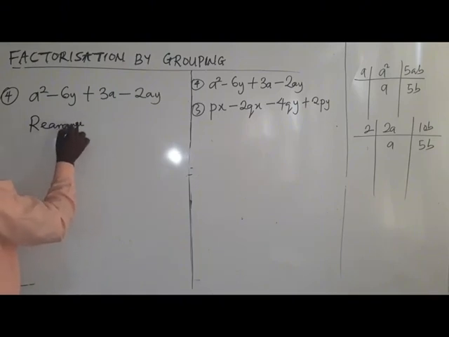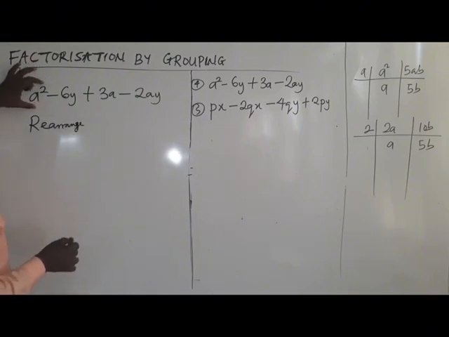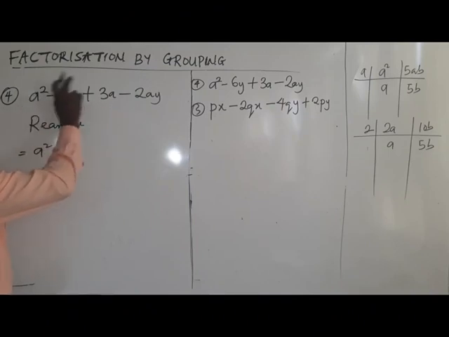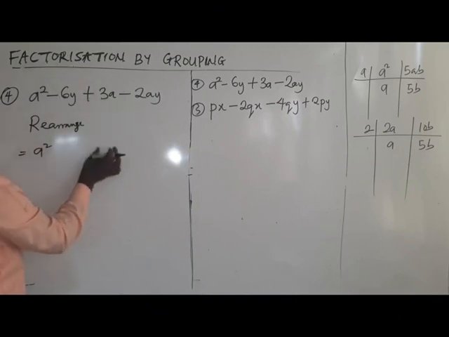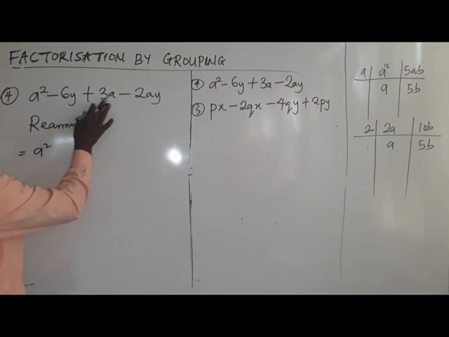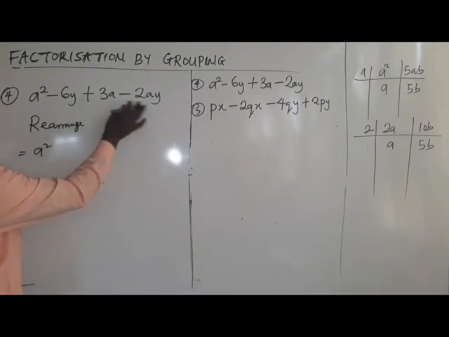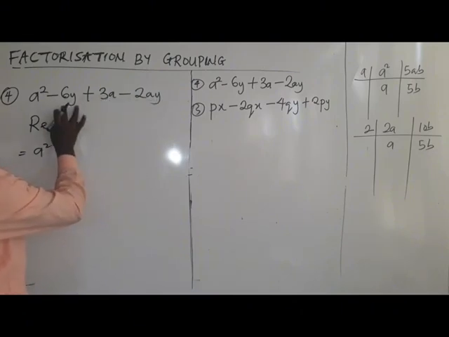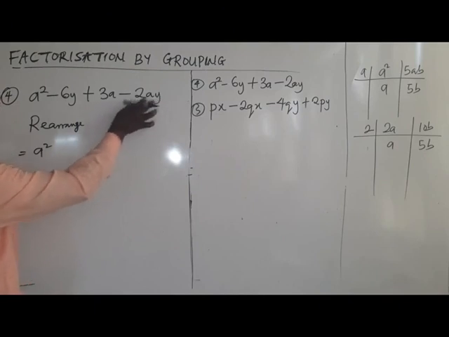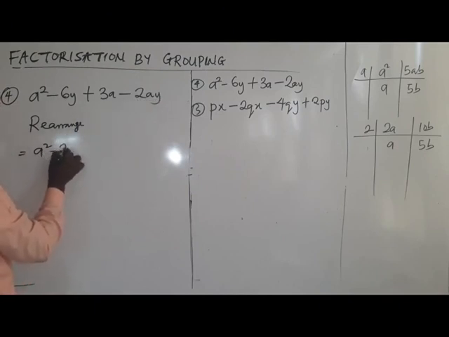You rearrange in such a way that whatever you have as the first term, this is a squared here, you must have a term in the third term that is the same. So let's bring this. Because this is y, this is also y. So this could be, I can bring it here, minus 2ay.